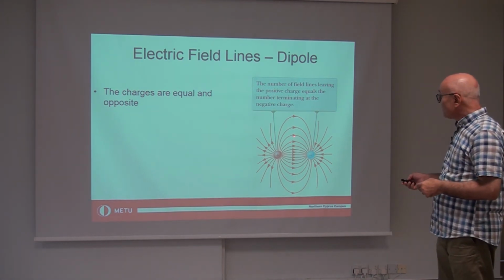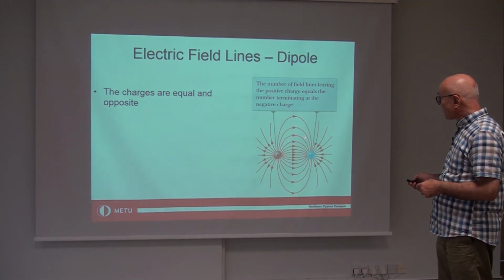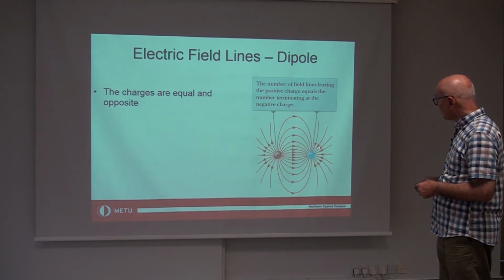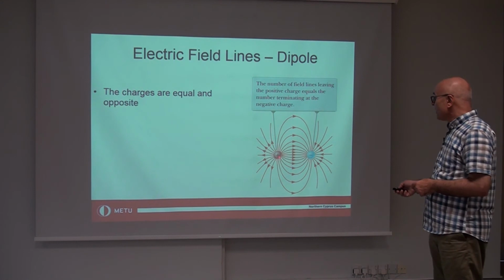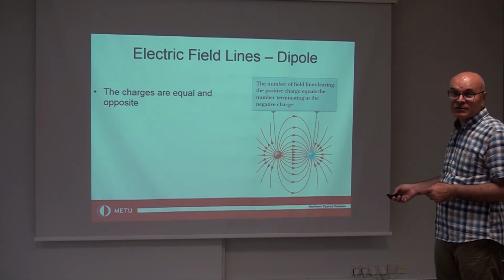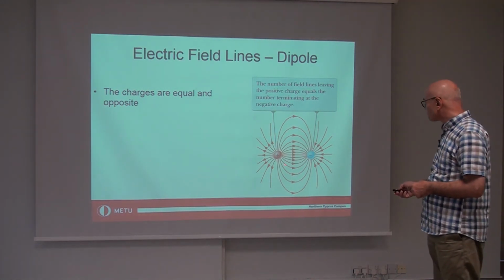So for example, the field here will be pointing in this direction. It is tangent to this line. The field here will be tangent to this line, pointing this direction. The field at this point will be pointing this direction. They originate at the positive and they terminate at the negative. Some of them extend to larger distances, as you can see from here.